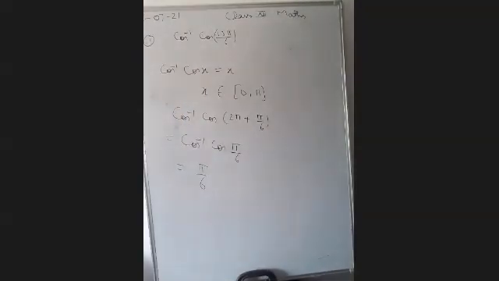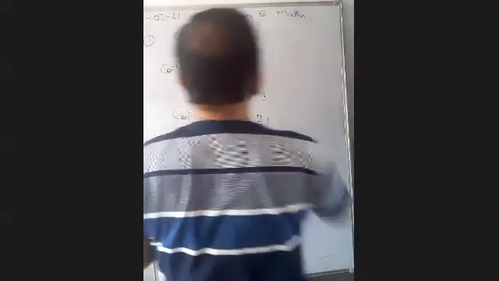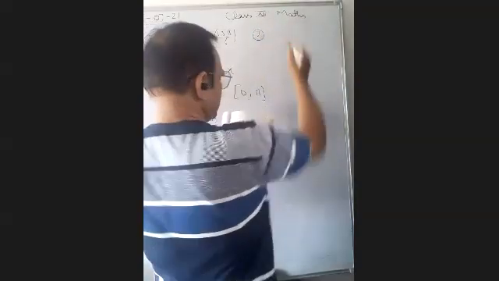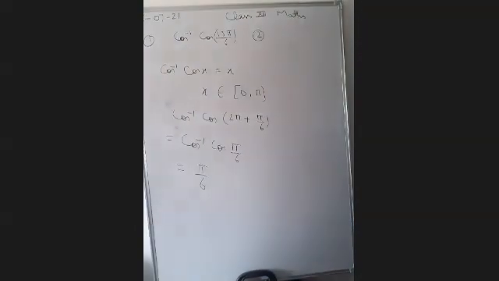The second question is, question number 2, tan inverse tan 7 pi by 6.